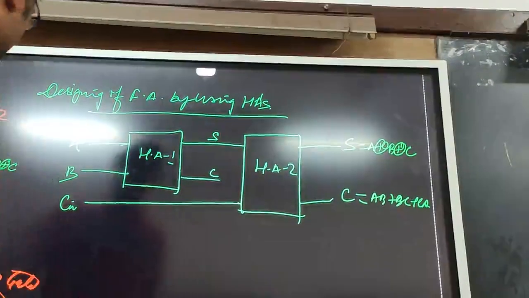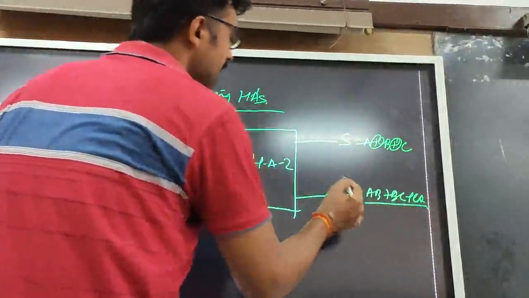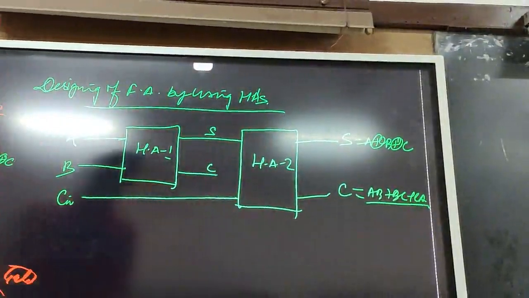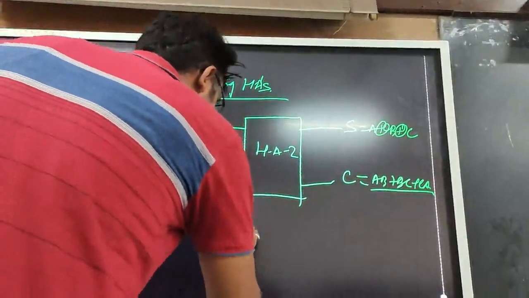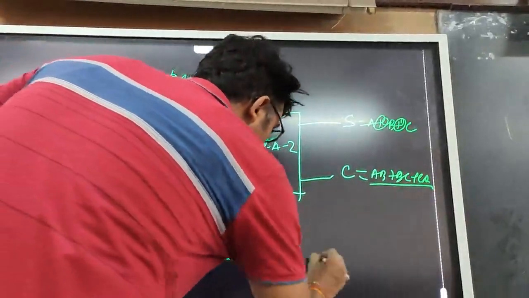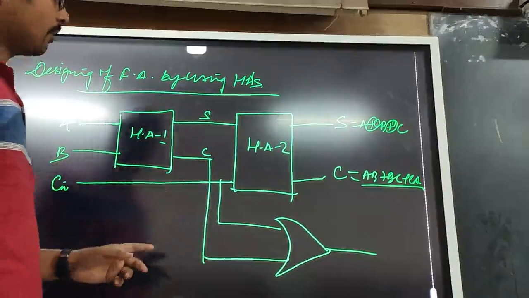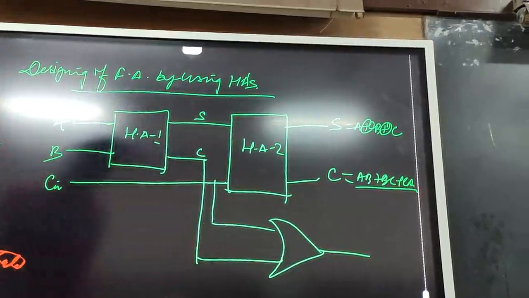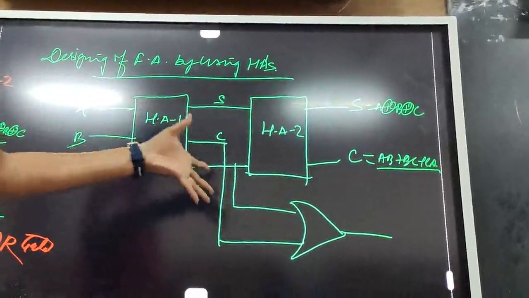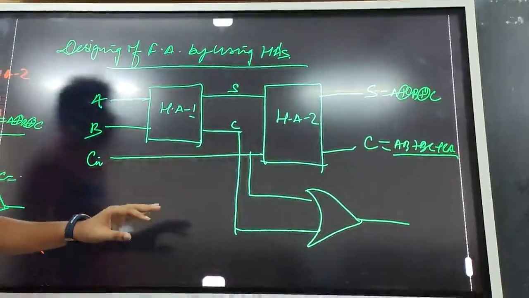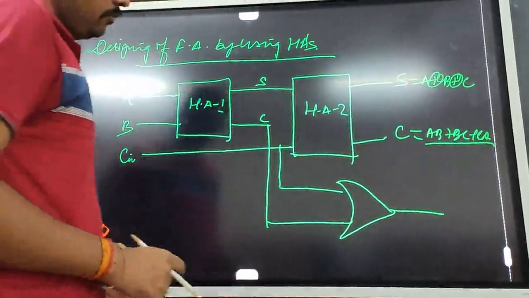If you minimize whatever the expression given for the carry here, that will also come like this. Try to minimize the same thing and do it by yourself. So there is a requirement of one extra OR gate here. Otherwise, by using two half adders, we can be able to design the one full adder.